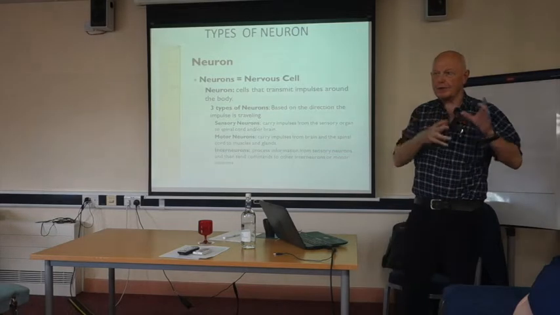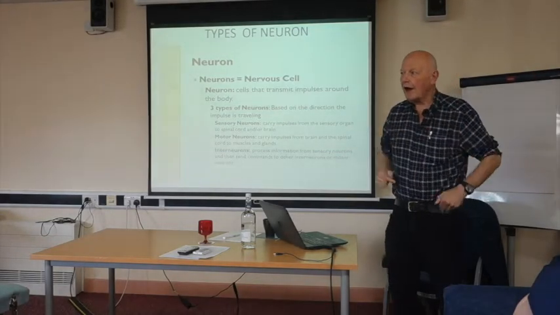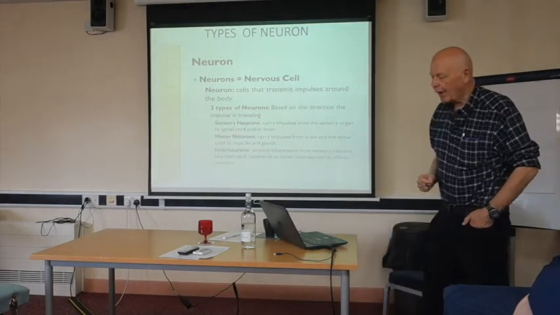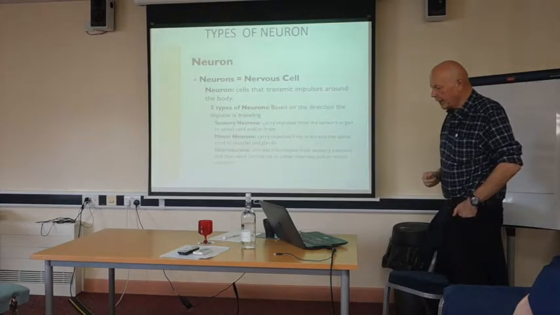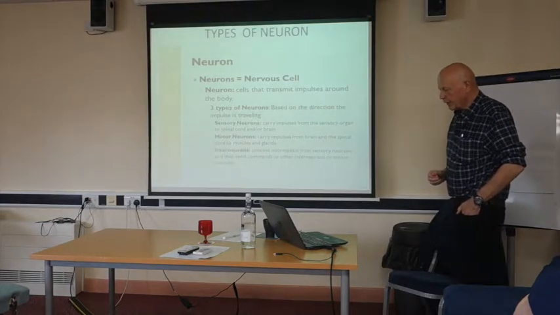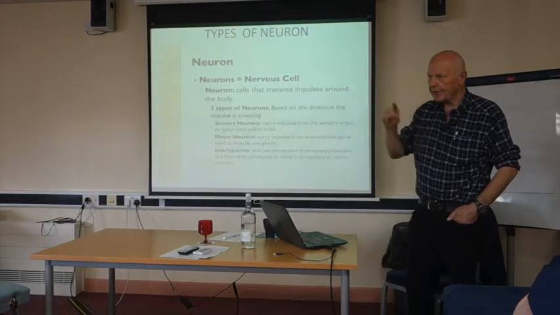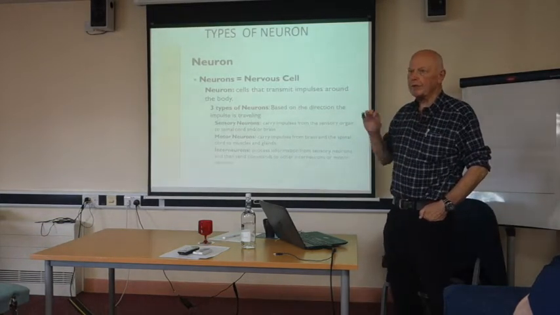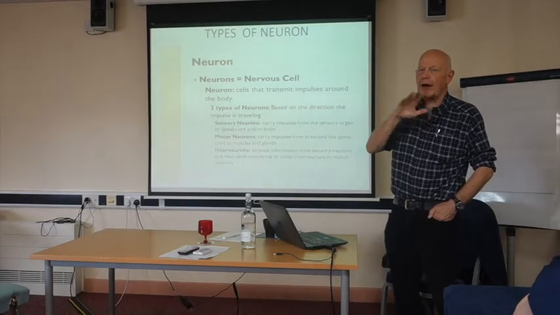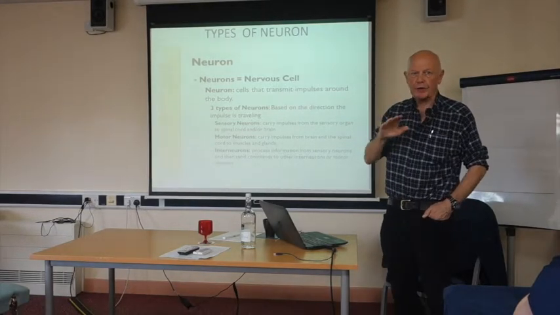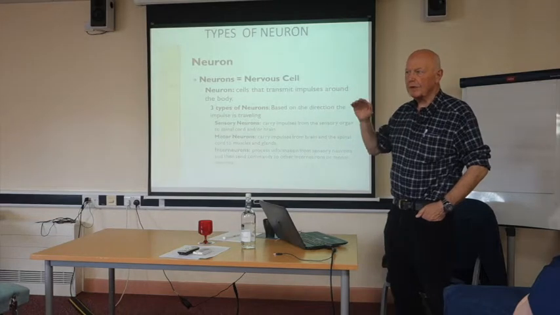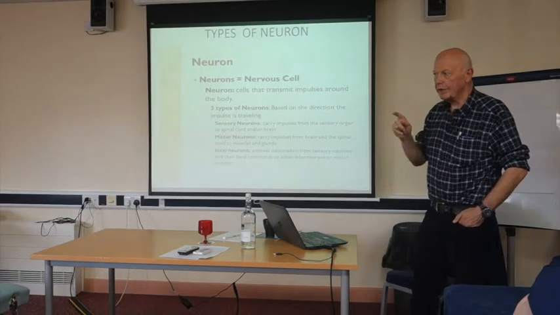There's interneurons in between. And I think they're responsible for a lot of the slightly strange effects that you might get when you just think about sensory and motor. You've got to realise that there's a lot of background exchange of information going on at different levels within the nervous system.